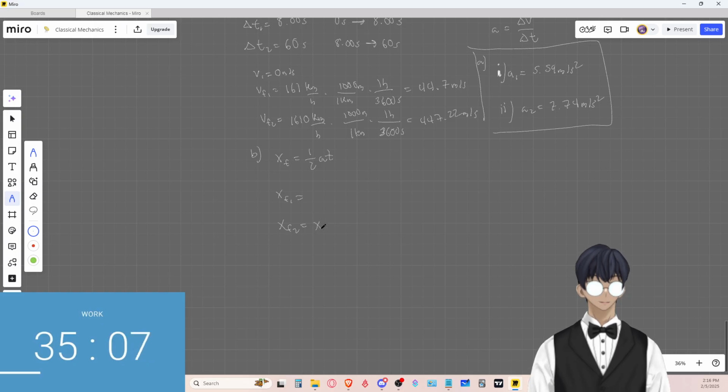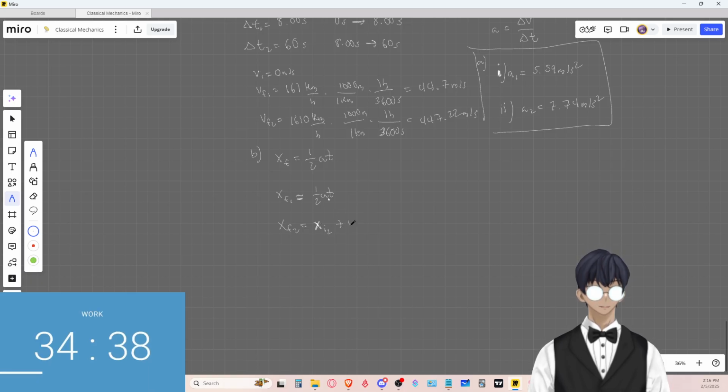I think the way we should write this is, let's put initial velocity, because the initial velocity in the first one is going to be 0, so we don't have to worry about that. The initial velocity in there is 0 too, so this one will be our first acceleration, and this one we'll just leave at I2.